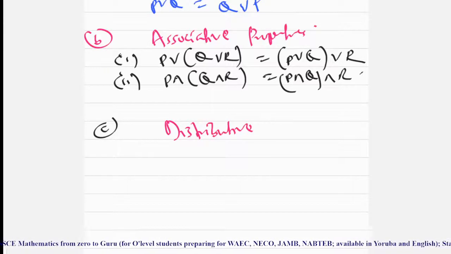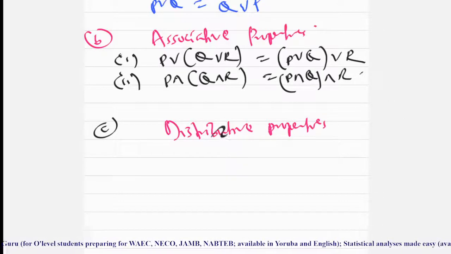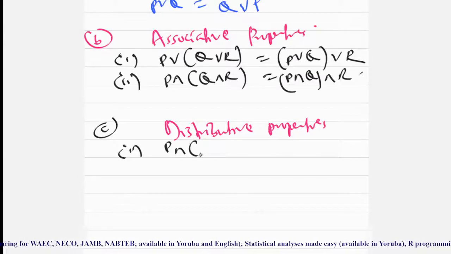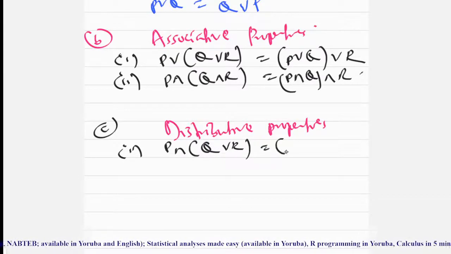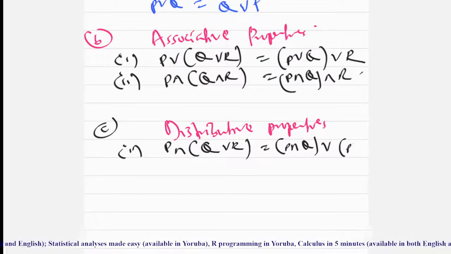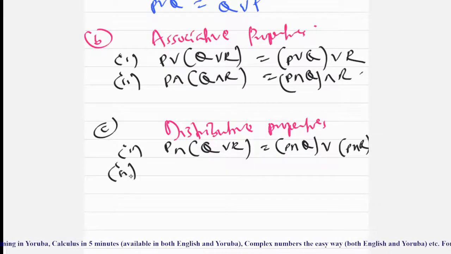Distributive properties, number one: P and (Q or R) is the same thing as (P and Q) or (P and R). You can see that disjunction and union, likewise conjunction and intersection, are more or less the same thing. On sets, we also see that these properties are satisfied.